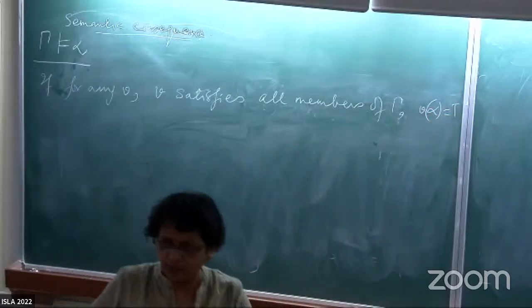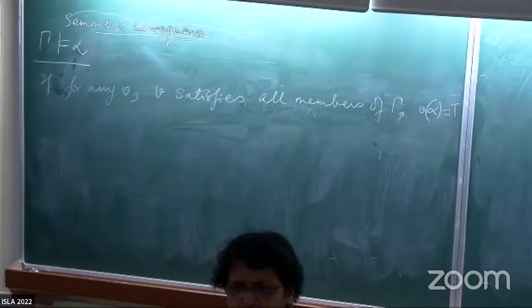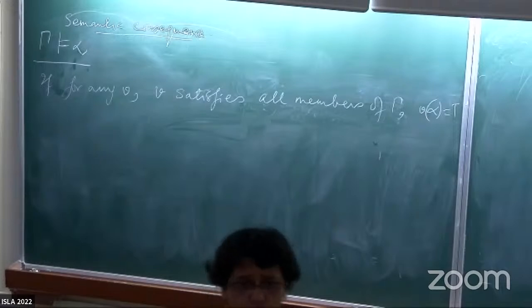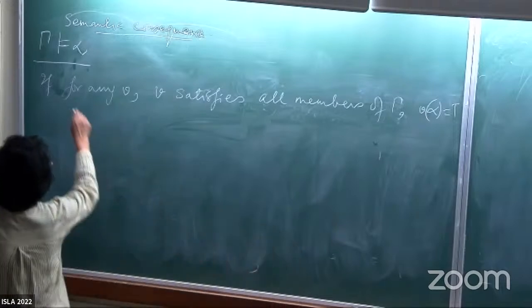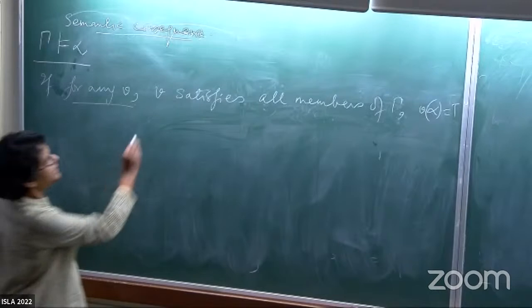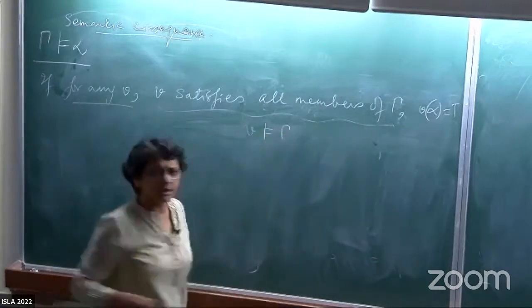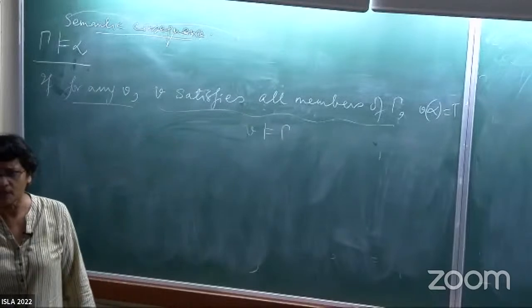If all my assumptions are true, my conclusion should be true. Then we will say it's a valid consequence. Please note this happens for any V. This thing we denote as V double turnstile gamma.